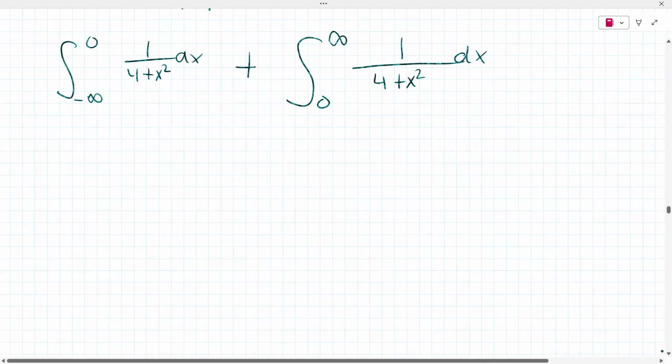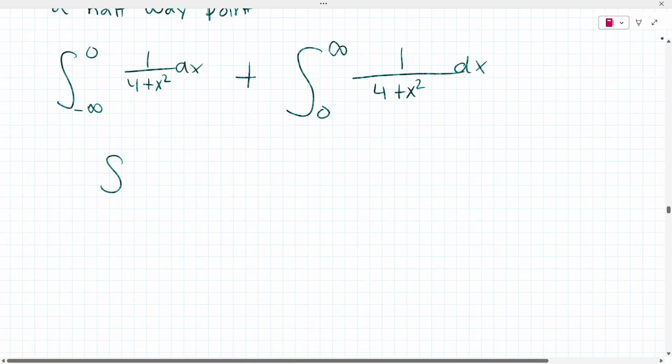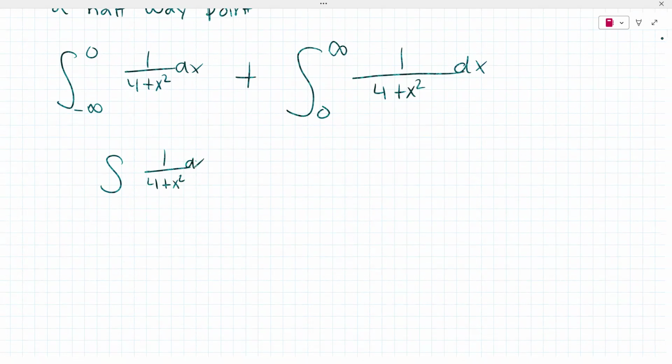Before going further, what is the integral of 1 over 4 plus x squared dx? It looks like the arc tangent, right? It's very similar to 1 over b squared plus a squared x squared dx.